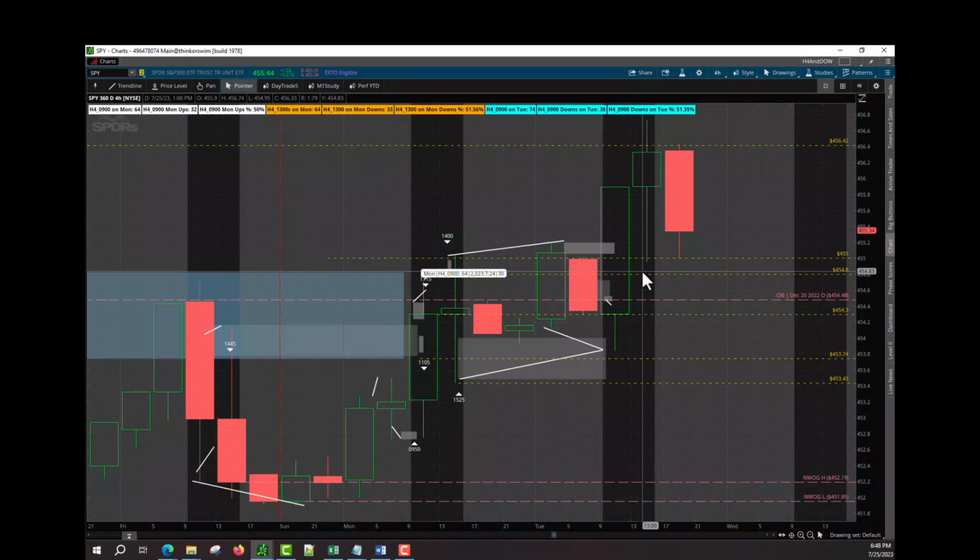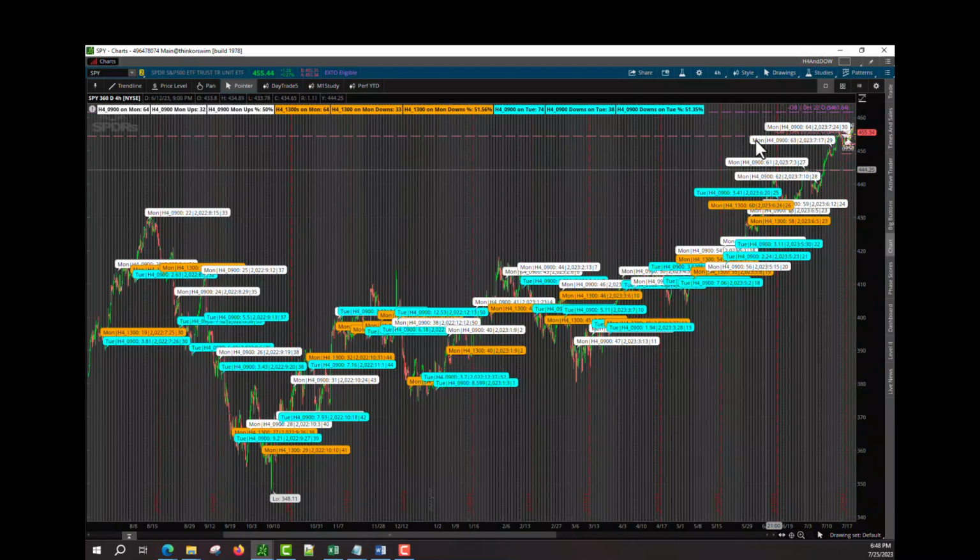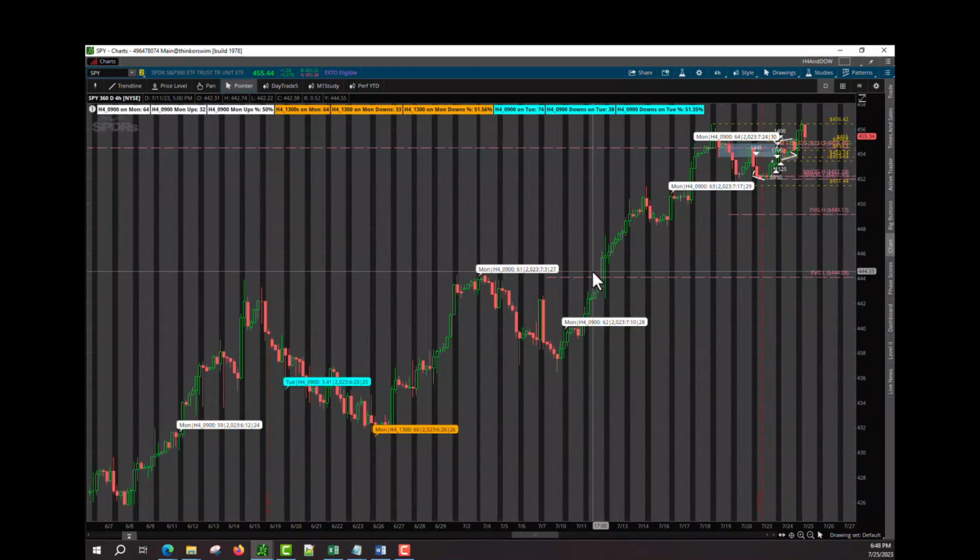Okay, so right here you have the inside bar, and then you see a pullback below there, and then boom, it goes up. It's a little crowded.